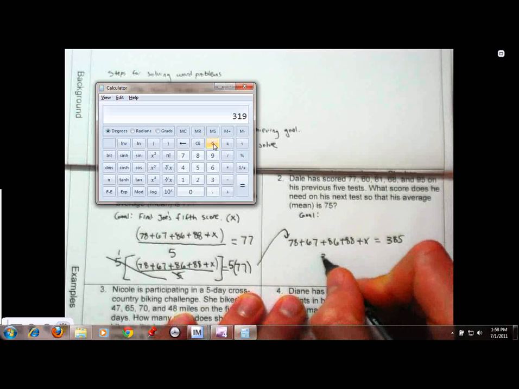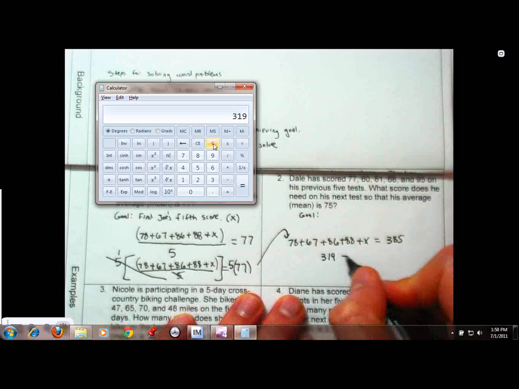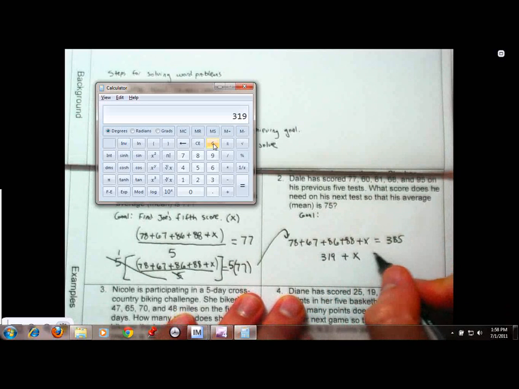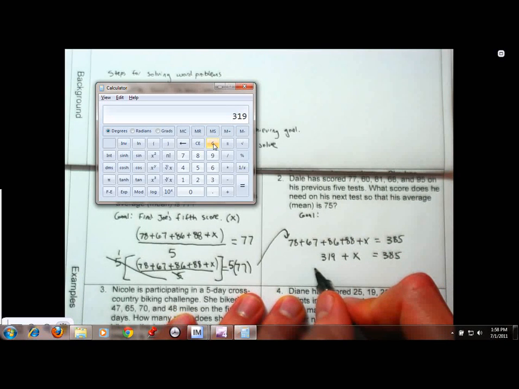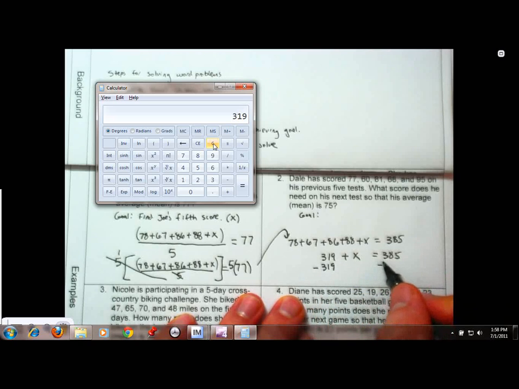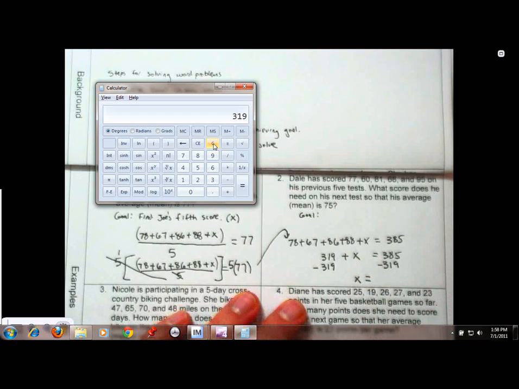So we've got 319 plus X equals 385. And then if I want to get X alone, that means I have to undo this 319. I have to cancel it out somehow, so I'm going to subtract it from both sides. And if I do 385 minus 319, I'm going to get a score of 66.